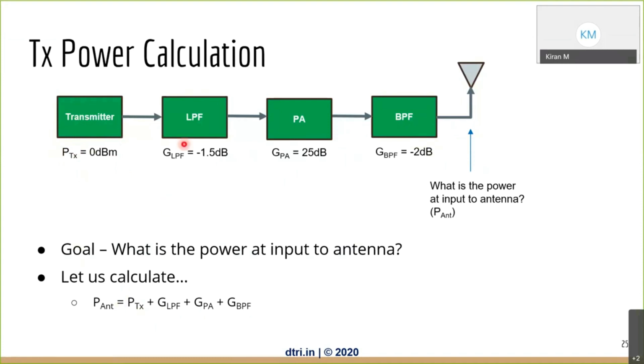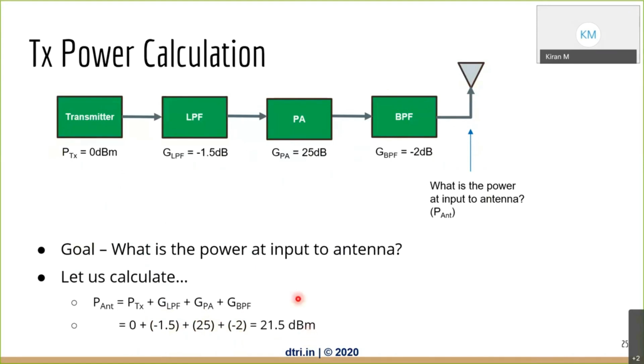So I have the first low pass filter gain, then the PA gain, then the band pass filter gain. I add all these numbers. So I have taken 0 dBm, then I have added a loss of minus 1.5 from the low pass filter. Then the power amplifier is giving a gain of 25 dB. Then there is another band pass filter which is giving a loss of minus 2 dB. So what is the total power at the output?